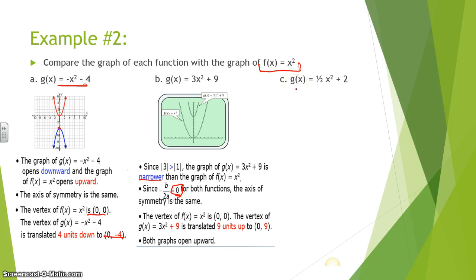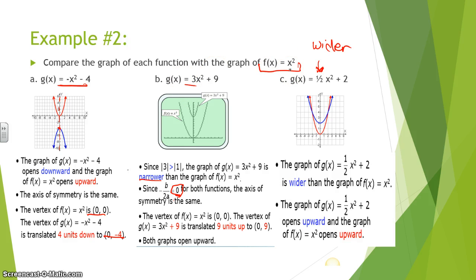Our last graph here, we have g of x equals ½ x squared plus 2. When I graph them, notice that my red is my x squared, my blue is my ½ x squared plus 2. Notice my x squared is more narrow than my ½ x squared. When you have a fraction for your a value, fractions are going to be much wider than it would be for a whole number value, like 3 or 1 or whatnot.